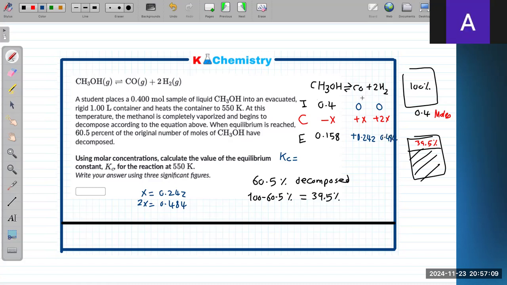Okay, so I need the carbon monoxide, which is 0.242. Right? And what is the H2? 0.484. Don't forget to the power of 2, excellent, because the coefficient is 2, divided by 0.4.